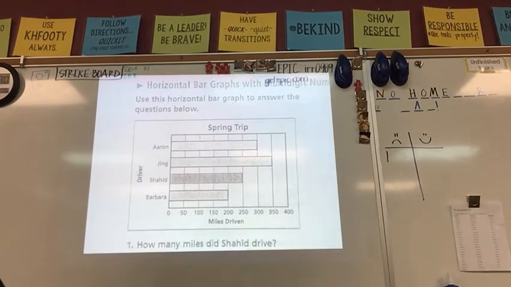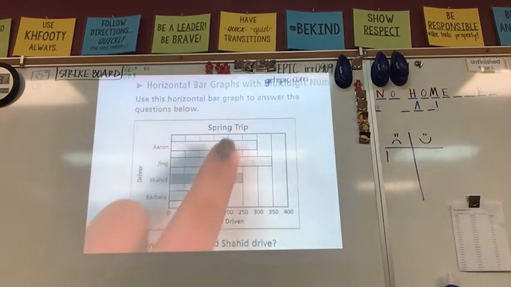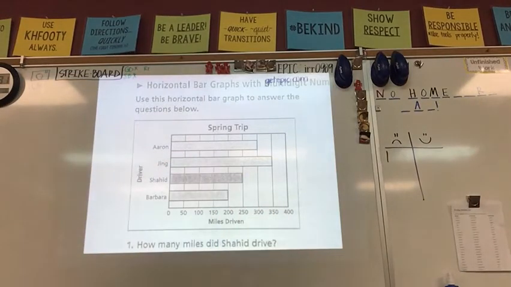So if we were to summarize what's going on in this table, Barbara, Shahid, Jing, and Aaron all drove on their spring trip for a certain amount of miles, right?